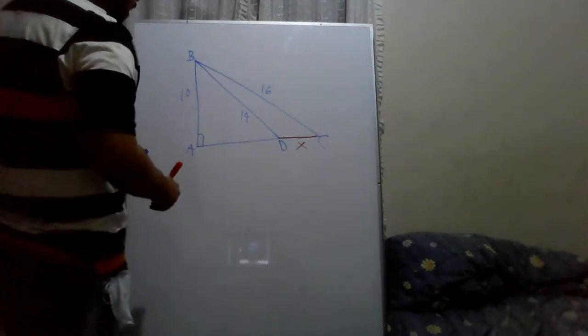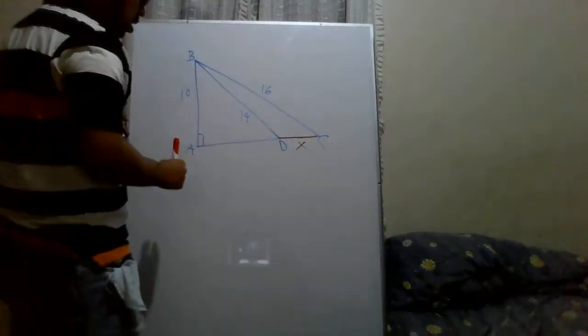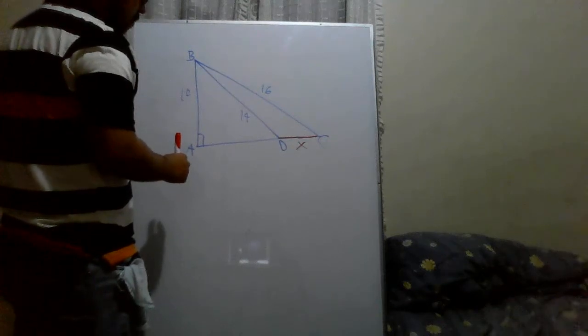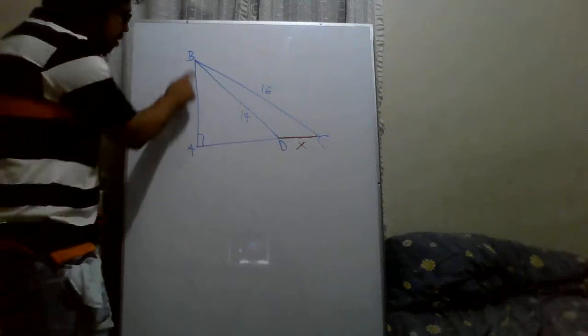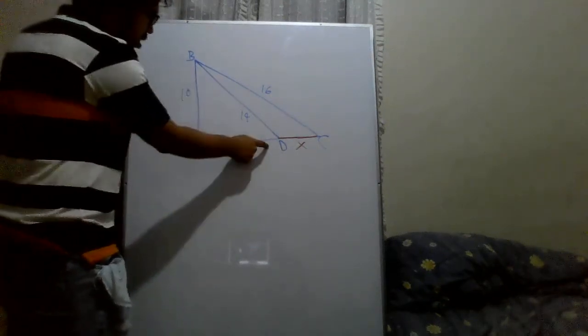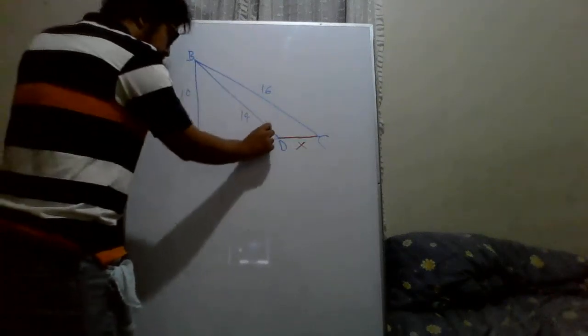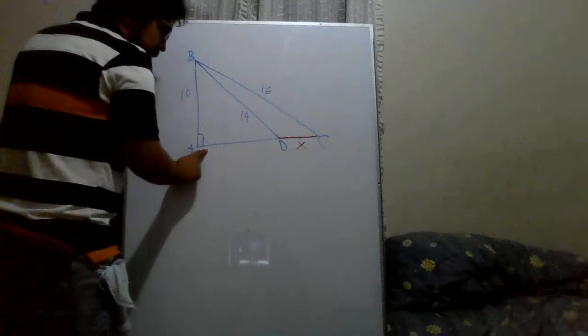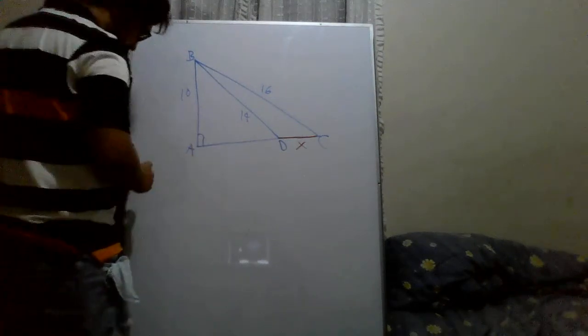So let's focus on triangle ABD. Look at the triangle ABD. This is also a right triangle, and you have this leg and the hypotenuse, so you can easily calculate this missing side, AD, okay?